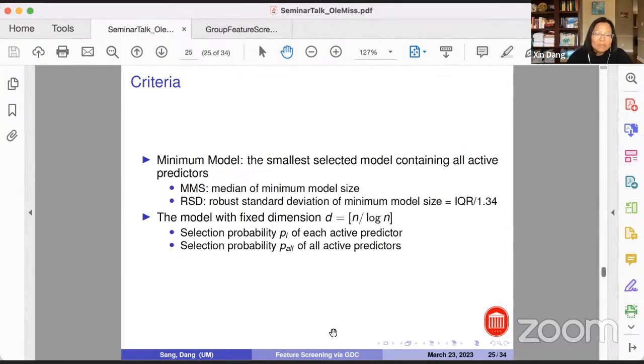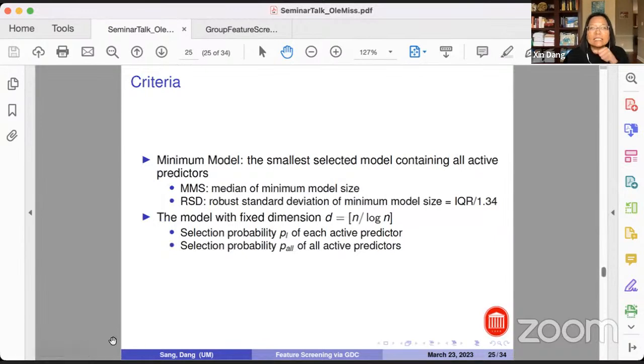And we're using the minimum model size as the criterion. The minimum model is the smallest model containing all active predictors. So you rank your individual features and choose your model so that all your active predictors are in your model.